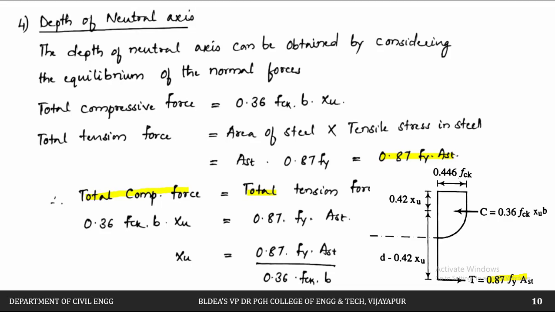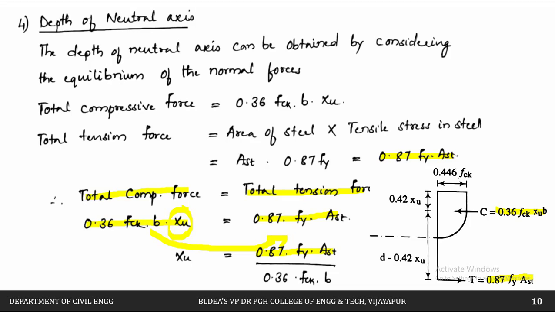We are going to equate the total compressive force to the total tensile force. So 0.36 fck into b into xu is equal to 0.87 fy into Ast. I want to calculate this xu, so you cross multiply.